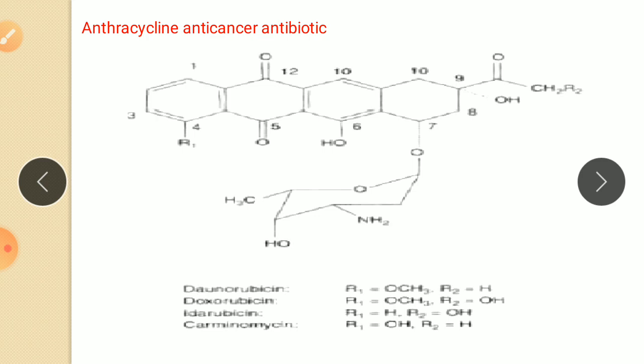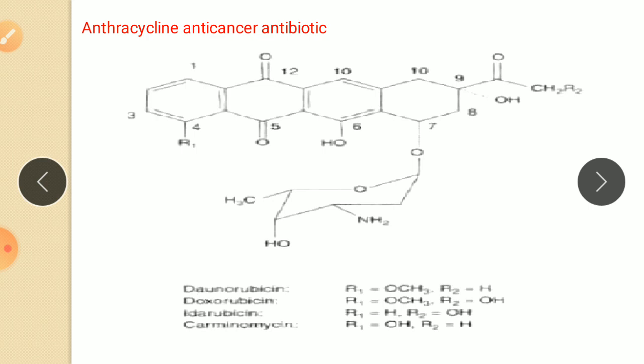Regarding the mechanism of action, or the binding of this drug to DNA, studies of the mechanism by which anthracyclines exhibit their cytotoxic effect initially focused on the ability of the compound to associate with DNA through intercalation of their planar ring system, supported by binding of the amino sugar.